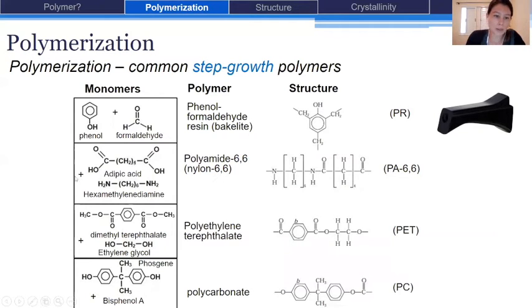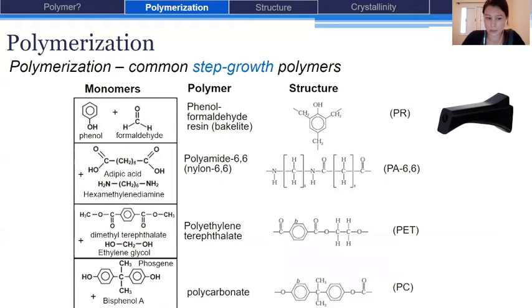If you polymerize adipic acid, which contains two carboxylic acid groups, with a diamine, which is the example that we saw previously, you create polyamide, or we also call it nylon. Depending on the structure of each monomer, it is nylon 6,6, or it can take different numbers depending on the structure of the monomer that has been used.